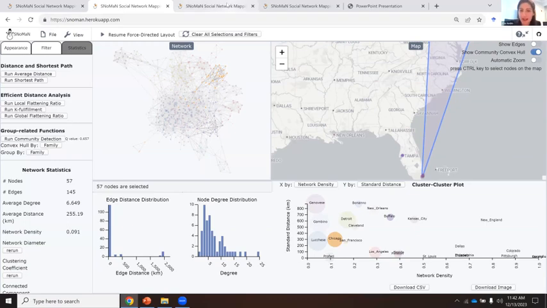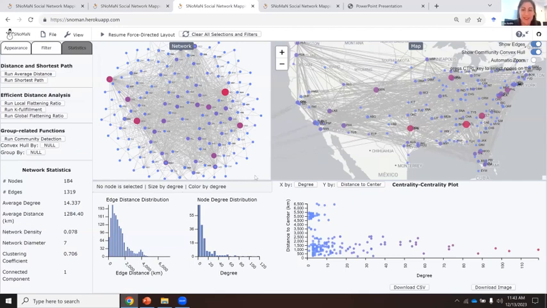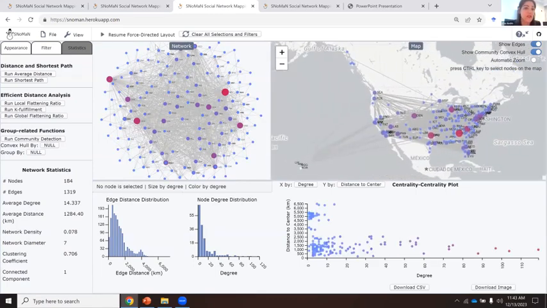Okay, and then I'll show you my last part. This is not a social network, but it's really fun to work with in the software. This is a flight network that's free online, and you can just load it right here from our file. It's ready to go.